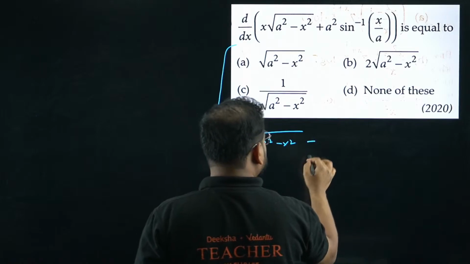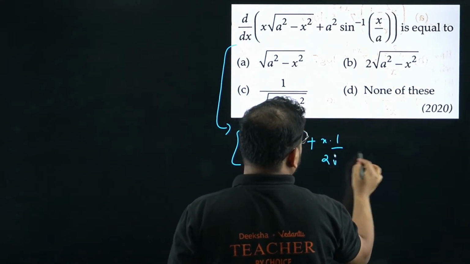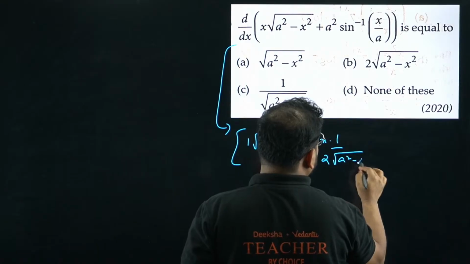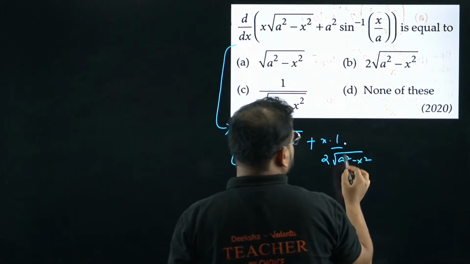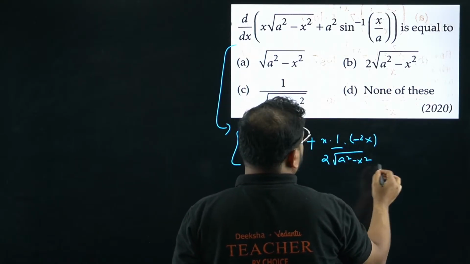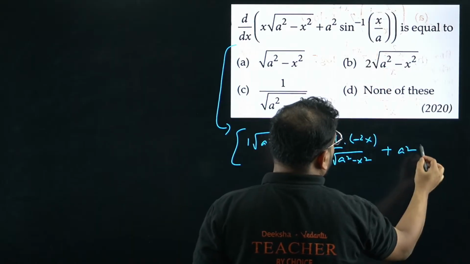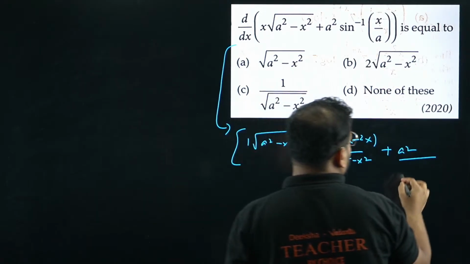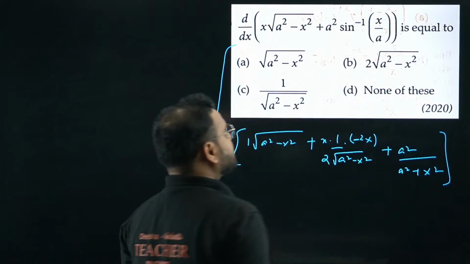Now I'll have a plus sign, keeping x as it is, we'll have 1 by 2 root of a square minus x square. Differentiate x square again by the chain rule, we'll have minus 2x. Then plus a square as it is, the derivative of sine inverse will become what? Upon, we'll have a square plus x square.